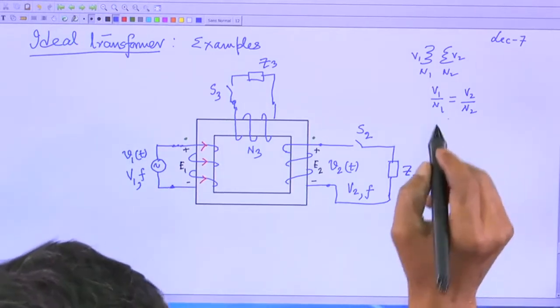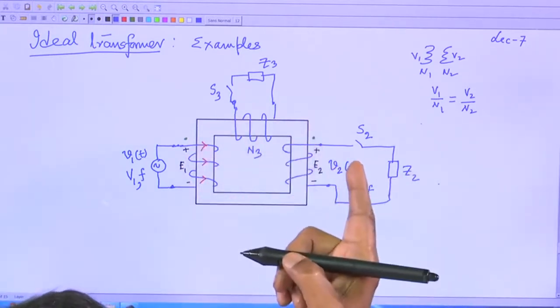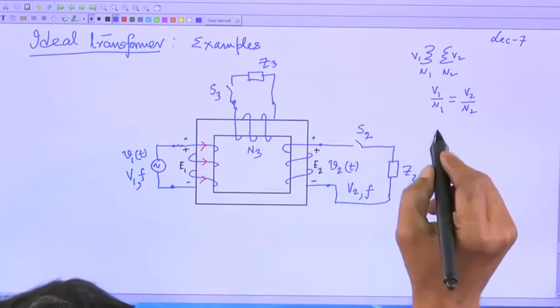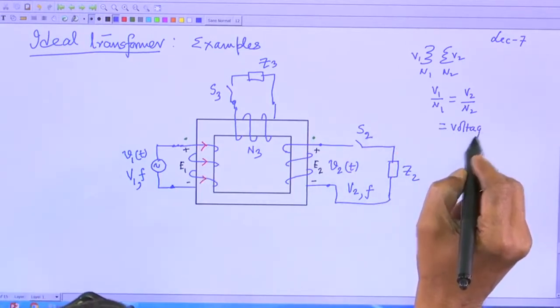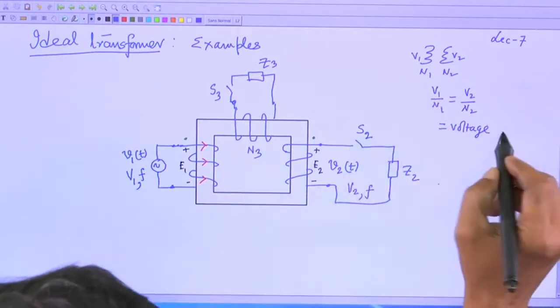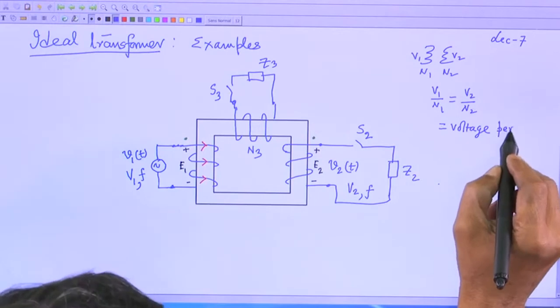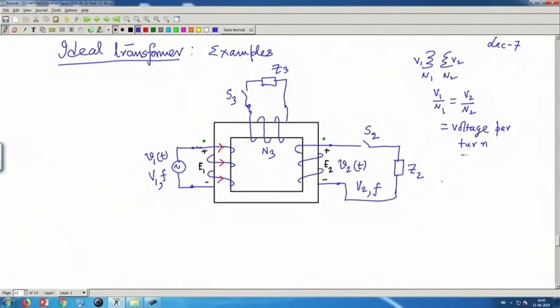It tells you that in several coupled coils, what remains constant is the voltage per turn. What is V1 by N1? Voltage per turn is constant.